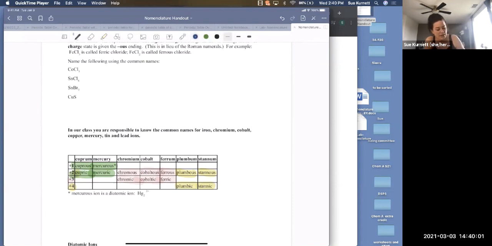For the higher charge choice between the two, so between 2 and 4, 4 is higher, they would give it the "ic" ending and the other one the "us" ending. Between 2 and 3, they would give the higher one the "ic" ending and the smaller one the "us" ending. Between 1 and 2, 2 is higher, we call it "ic."